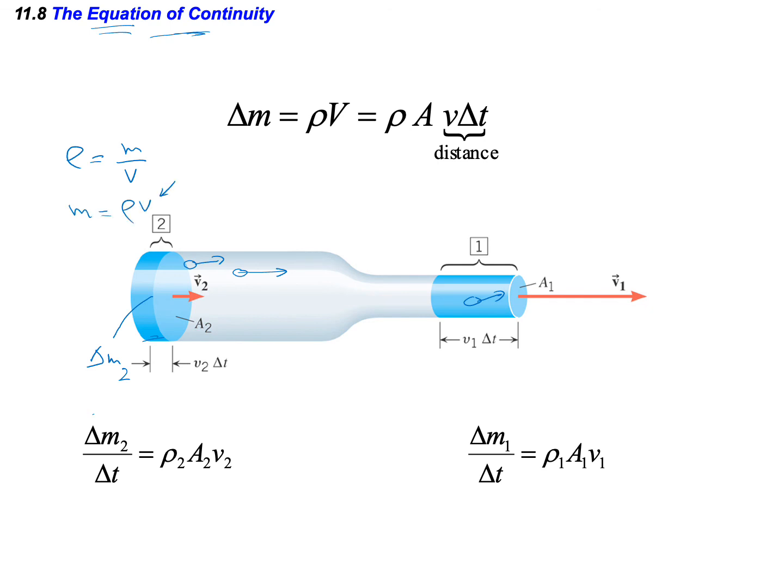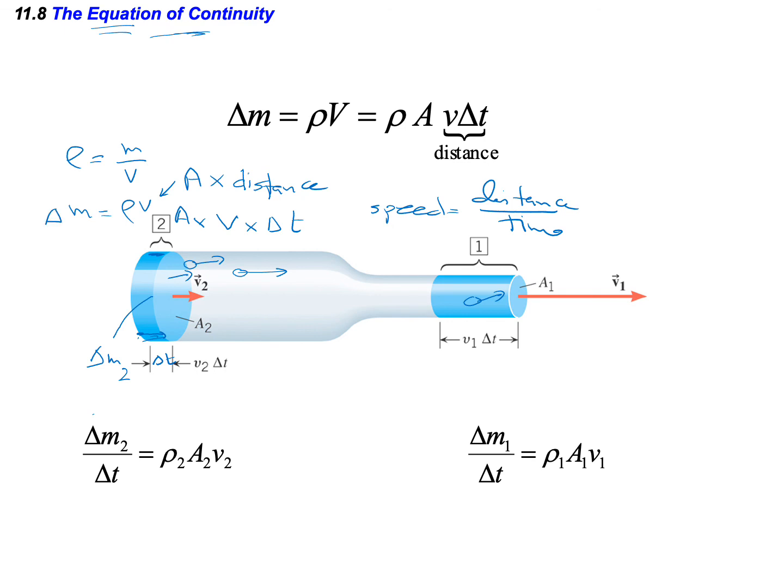Volume we can write in terms of the cross-section area A times the length, or distance. Distance we can write in terms of speed and time, because speed or velocity is distance over time, so distance is speed times time. If we assume the speed is v2, and the particles on this side move to this side in delta t time, then instead of distance we can write speed v times delta t. So this is a general equation.